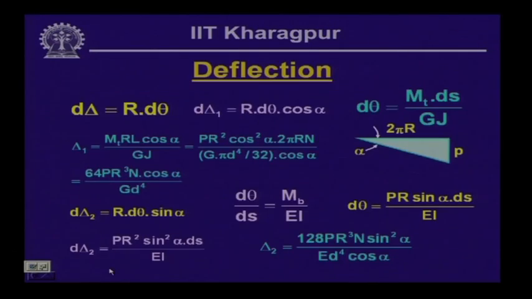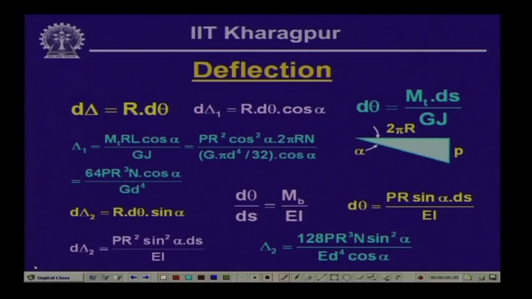Well, having looked into the stresses, let us look into the aspects of the deflection that will occur in an open coil helical spring. As we had seen in case of a closed coil helical spring, d delta is equal to r times d theta.